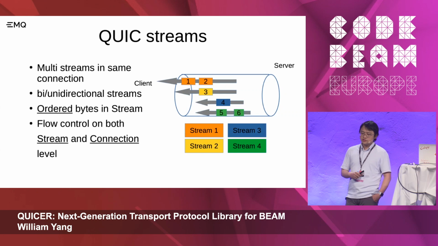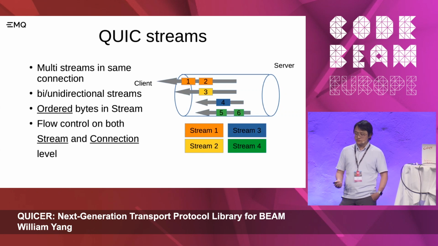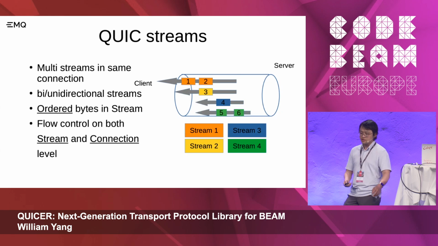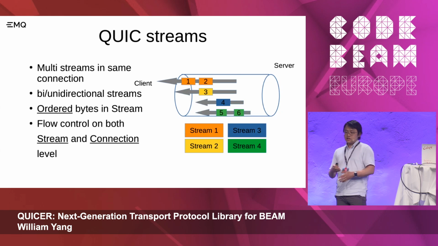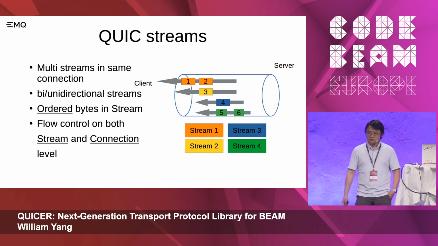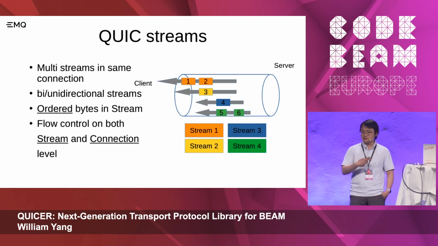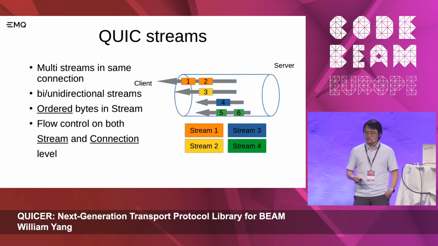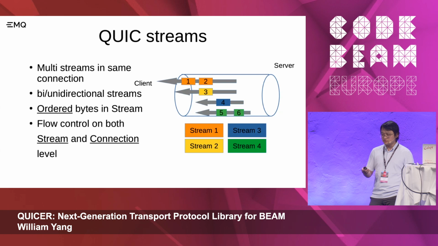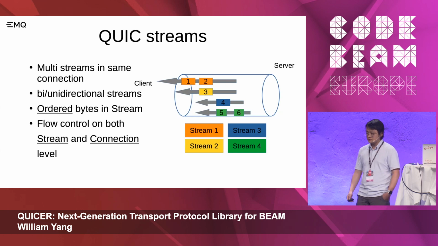And the ordering is guaranteed per stream. The frames between different streams can overrun each other. And we have flow control. Flow control can be on both the stream and the connection level. Stream level counts the bytes, and at the connection level you can count the number of streams.